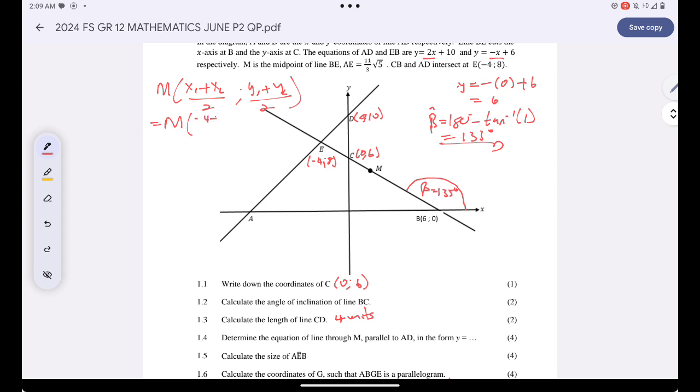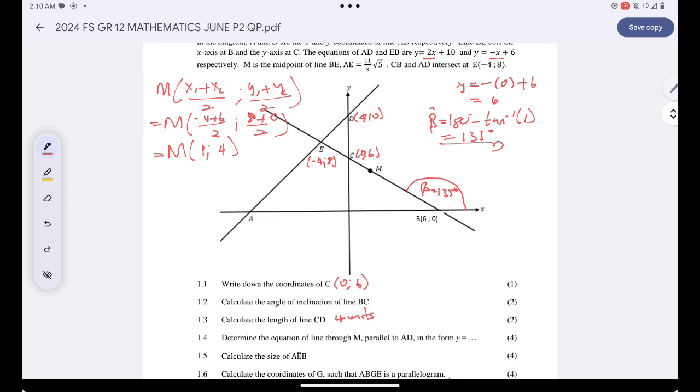We have negative 4 plus 6 over 2, and then we have 8 plus 0 over 2. This would give us 1 and 4. So the coordinates of M are 1 and 4.